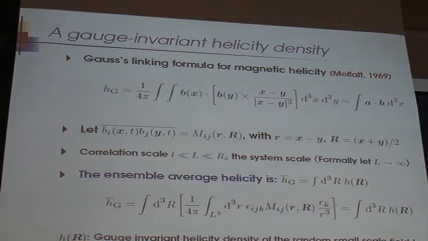Because you can just have an isolated tube with some writhe if you want to start with that. For that thing, you will get mutual links between different field lines at different points. So this x and y will both be on that tube. If you just have one line, of course, you will get zero.